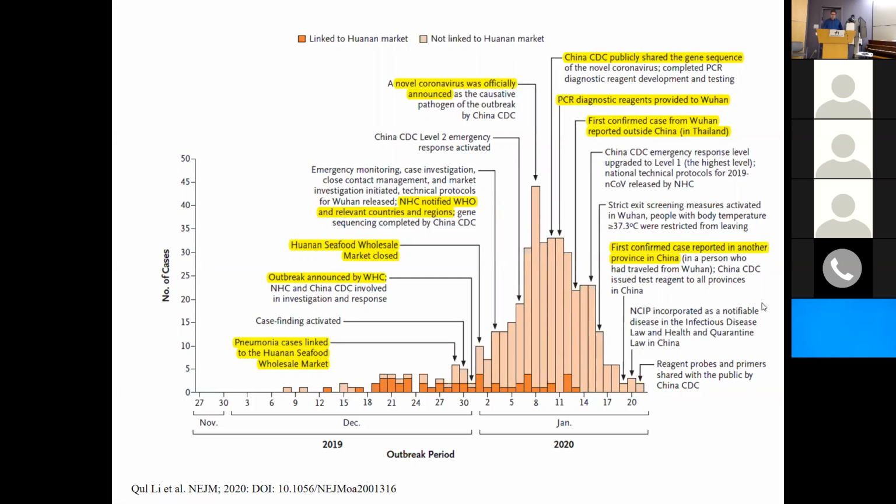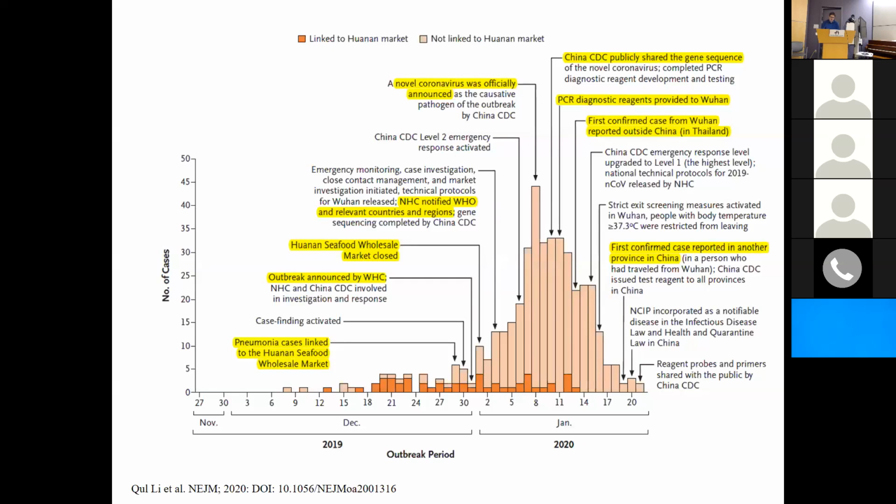PCR diagnostic reagents were widely available January 11th after the China CDC publicly shared the gene sequence the day before. So it took a little bit more than a week to have the virus identified and sequenced.